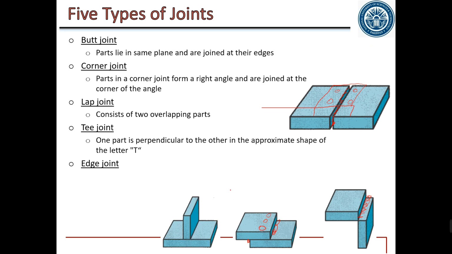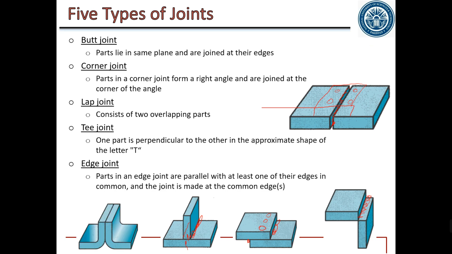We can have a T joint where we can weld this surface here and on the other side as well. Or for this T joint we can just pass a screw from here and through this surface and make this T joint with nut and bolt or screws as well.